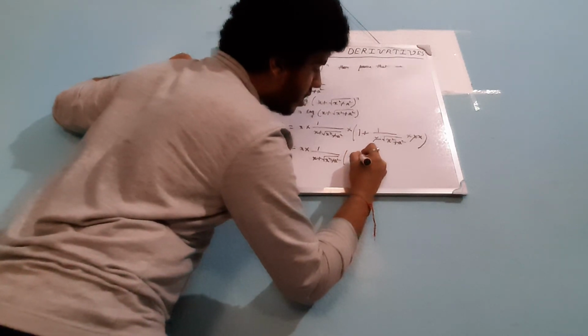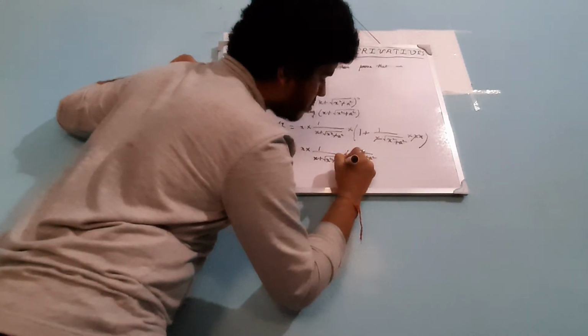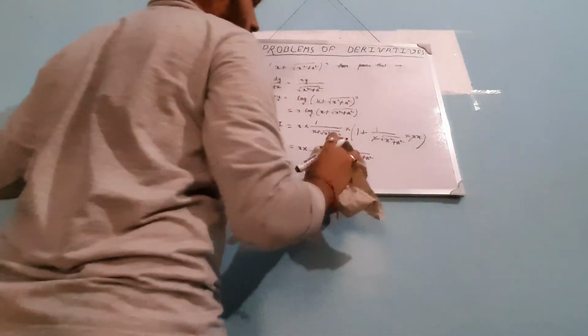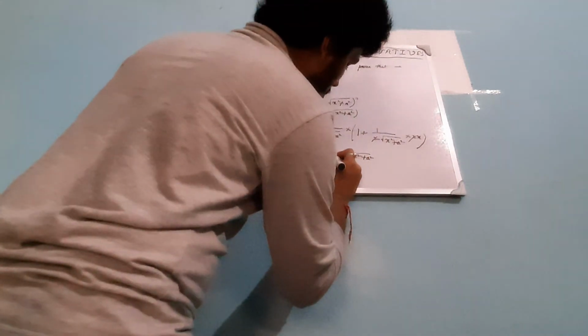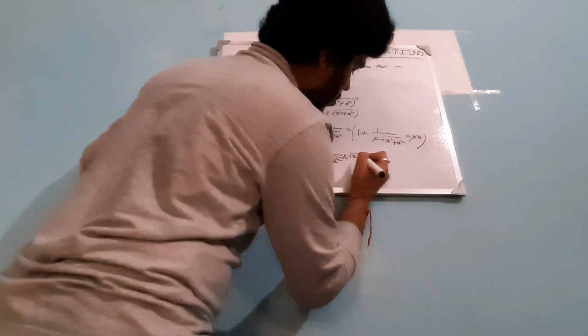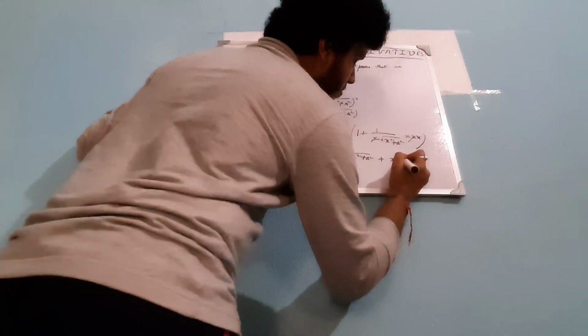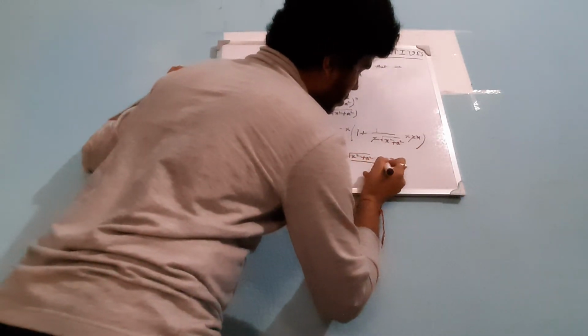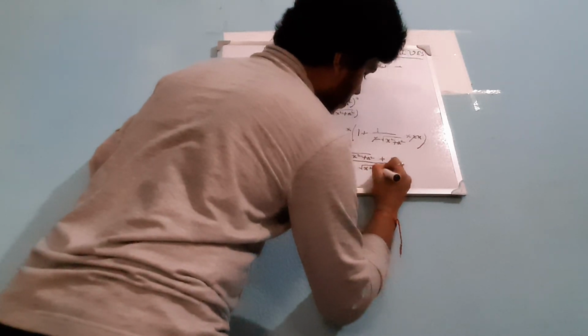Into root over x square plus a square plus x. Sorry friends, I rubbed this out by mistake. Into root over x square plus a square plus x, by root over x square plus a square.